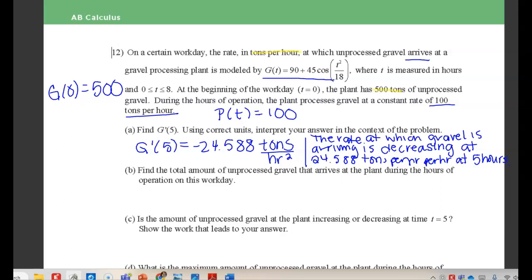So the amount of unprocessed would be the integral of g of t, 0 to 8. Because integrating the rate at which the gravel arrives unprocessed for the 8-hour workday will give you the tons of gravel unprocessed.